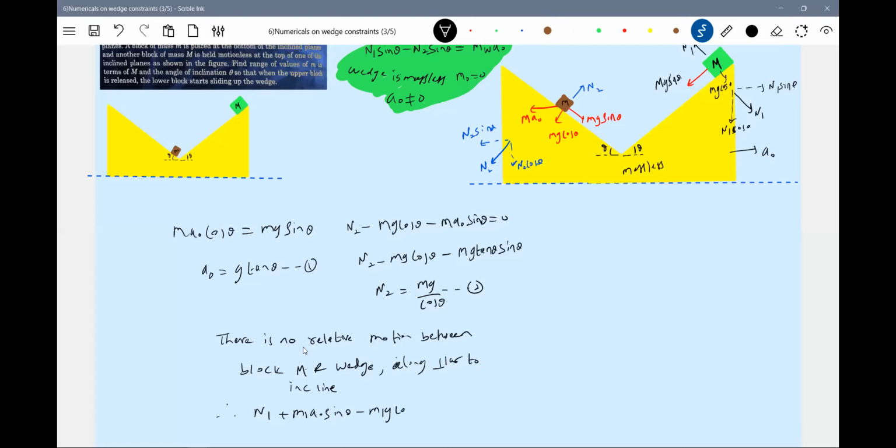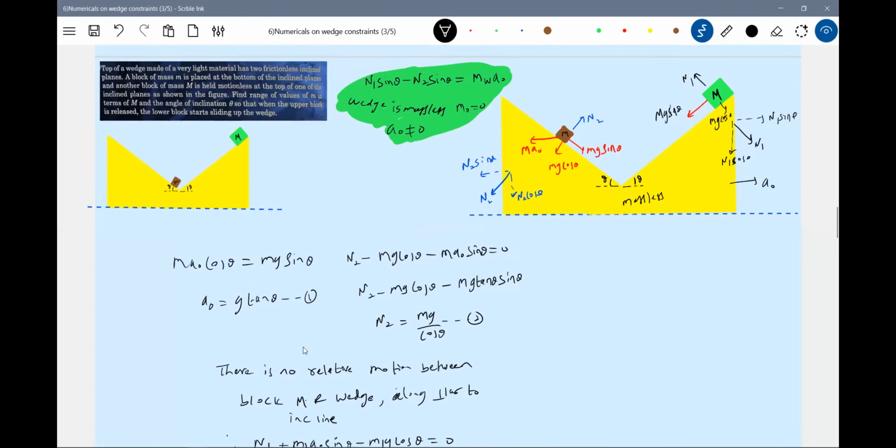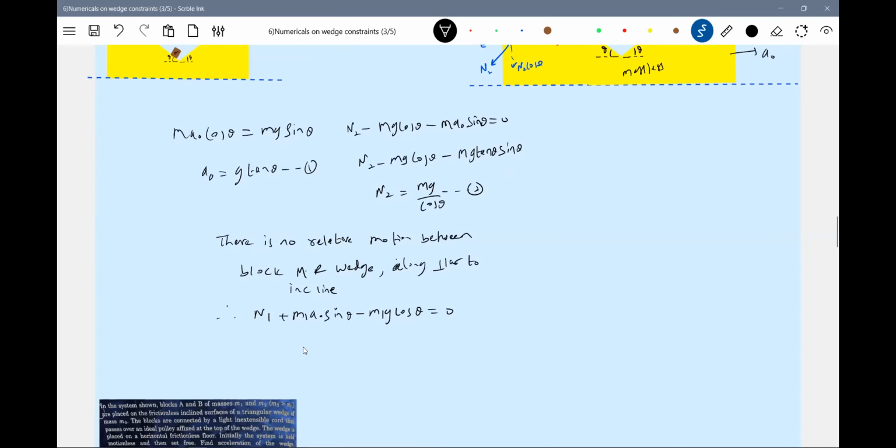Now, sir, from where have you brought this equation? I think this is the main important part of this problem. I applied a pseudo force. So N1 plus M A naught sin theta should equal M1 g cos theta.